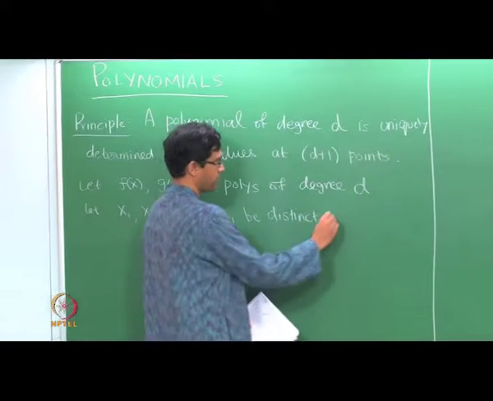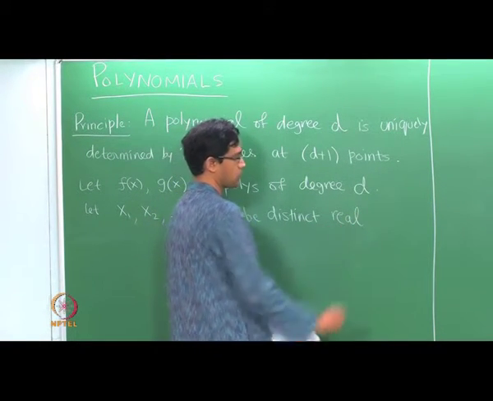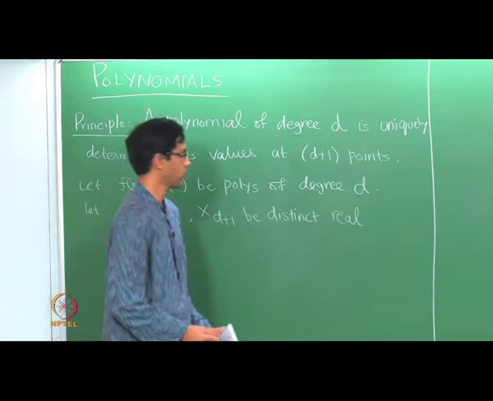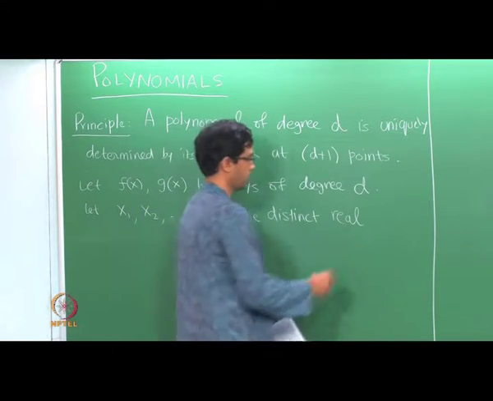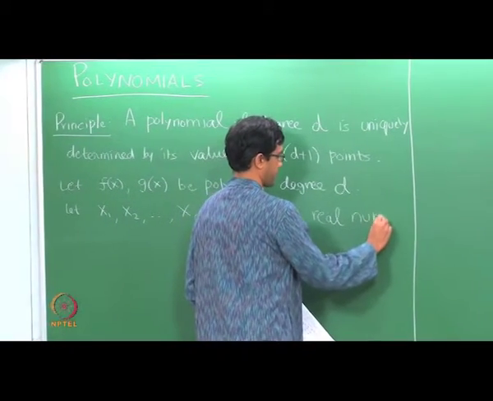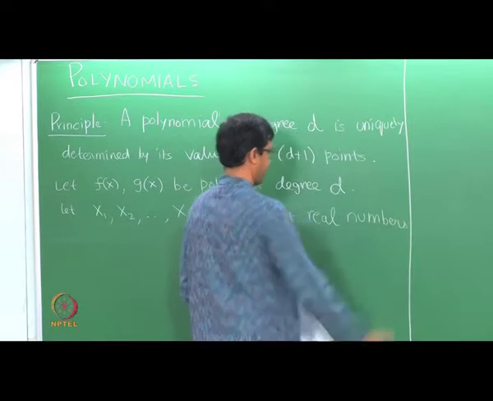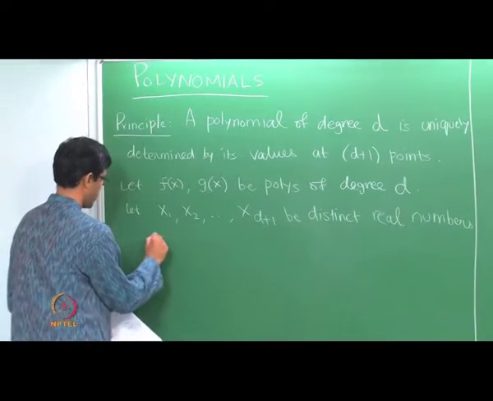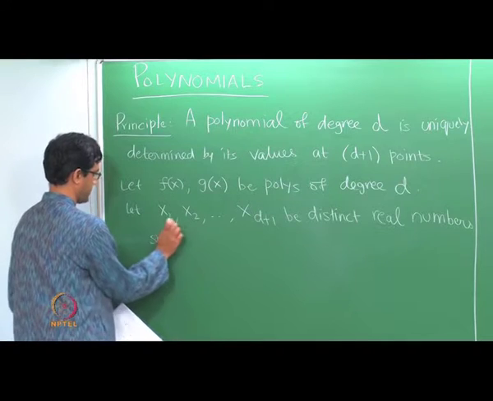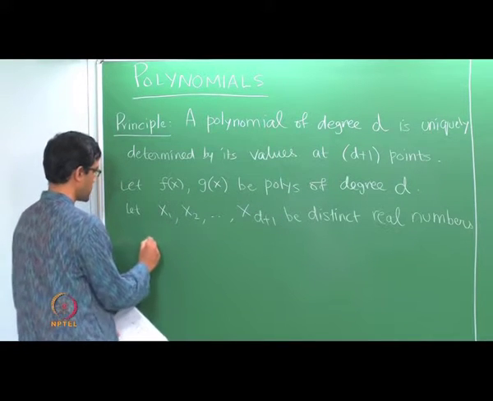By points of course we mean real numbers or complex numbers or whatever it is that you are plugging into the polynomial. So, let us say real numbers for our purposes. Let these be distinct real numbers.